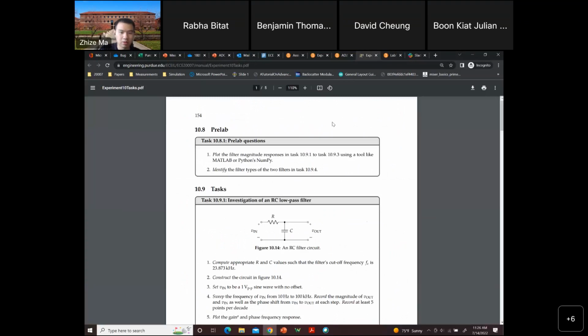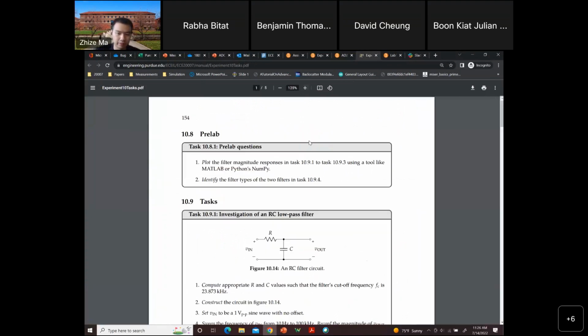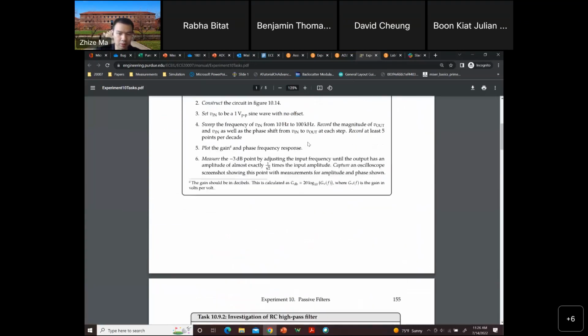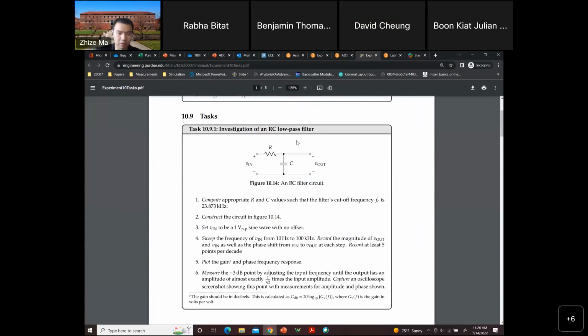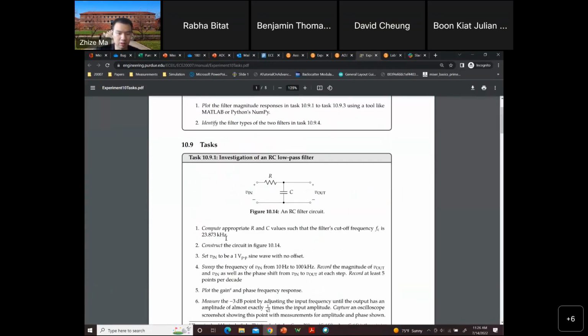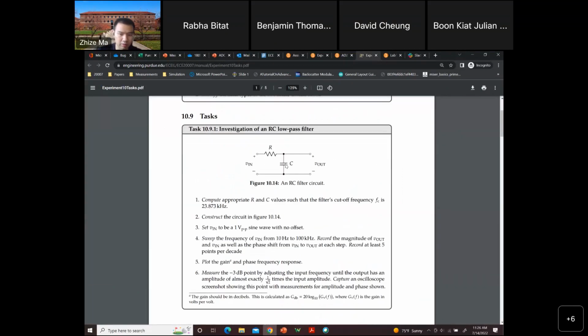All right, so let's jump into the tasks. Task 1 and Task 2 are pretty similar. Task 1 is the low pass filter, and Task 2 is the high pass filter, and the required cutoff frequency is exactly the same, and they are going to use the same equation to calculate the RC value.